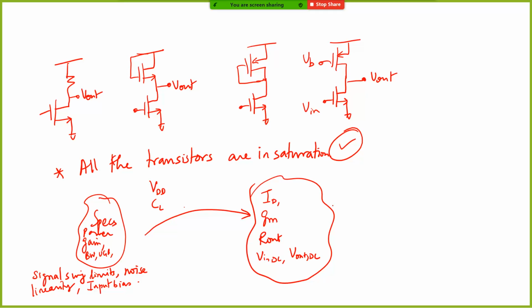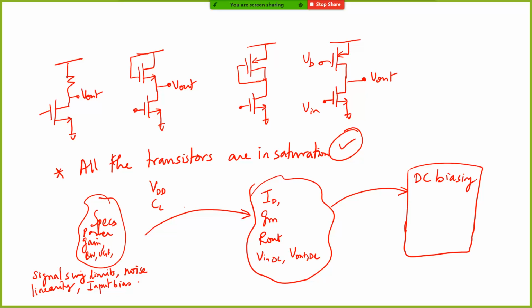Now from this, what you need to do is you basically need to first do DC biasing. Okay. The moment you do proper DC biasing and all your transistors are in saturation, you've kind of crossed three-fourths of your problem.